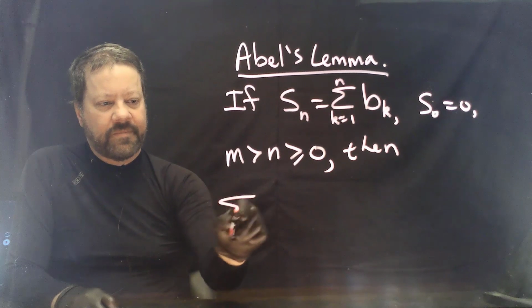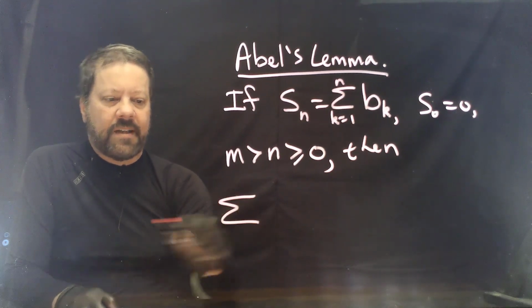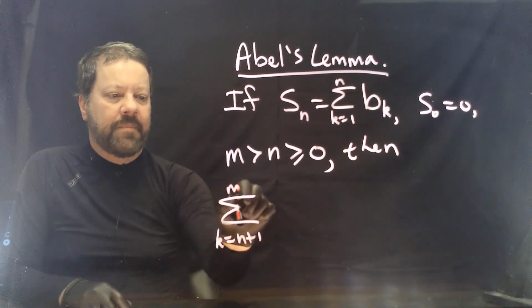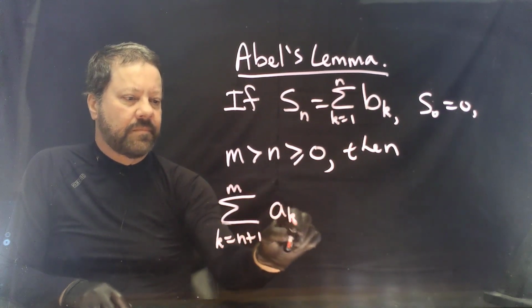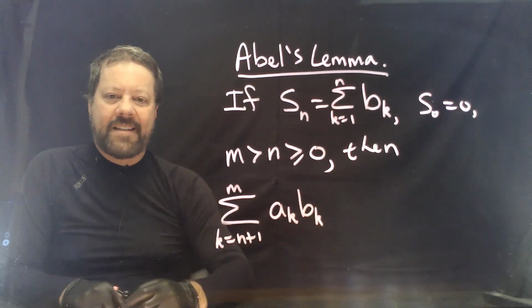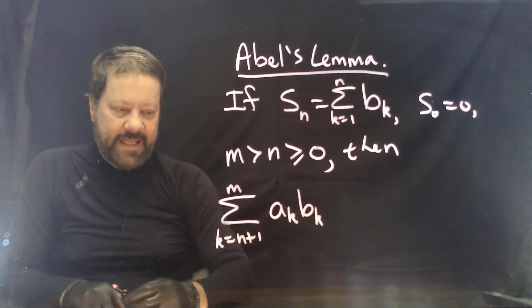Then we'll look at the sum as k goes from n plus 1 to m of terms of the form a_k b_k.